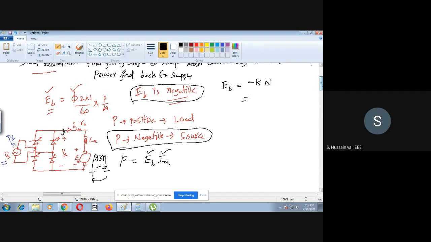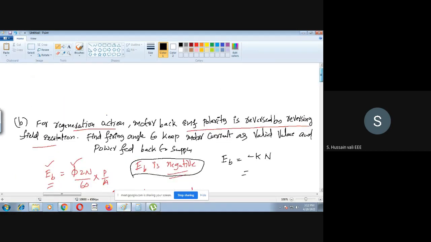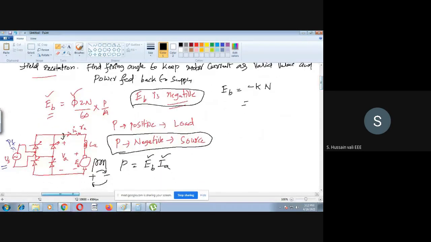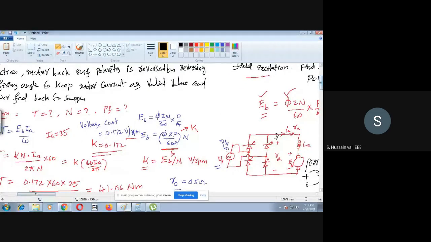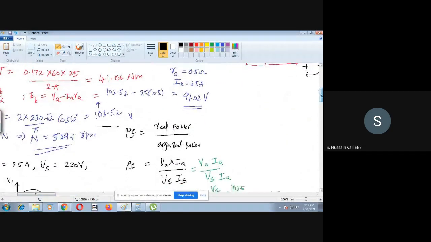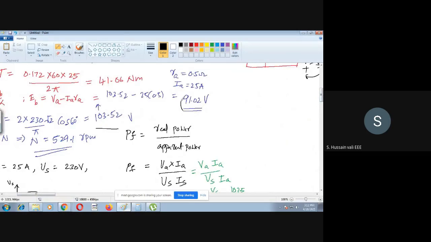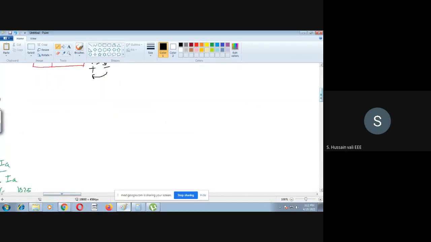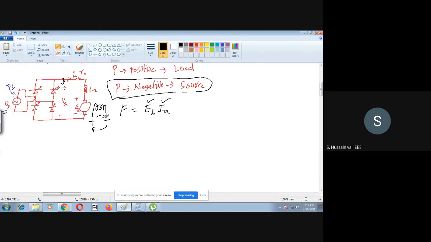We already found the EB value in the first problem, which is 91.02. Now he is reversing the polarity of the field winding excitation, so EB will become negative immediately.